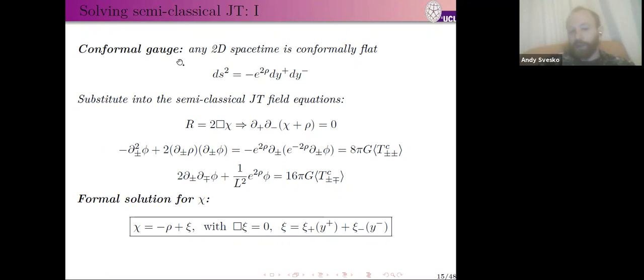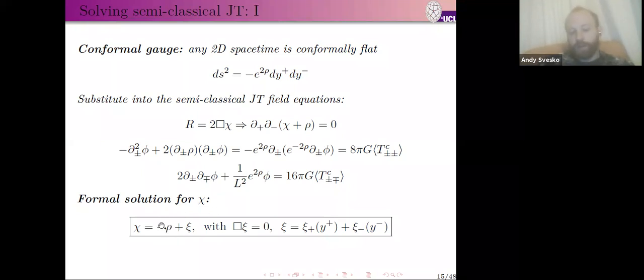This is called working in the conformal gauge. When you substitute this into the semi-classical JT equations, you find the following set of equations, where the first one is the equation of motion for the chi field. And it has a very easy formal solution.